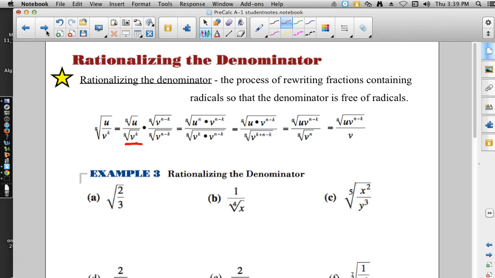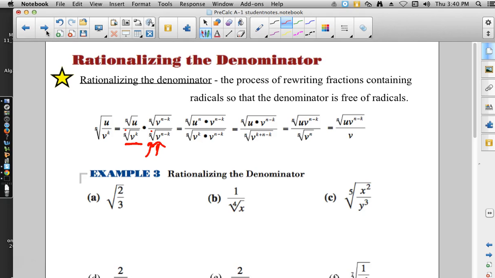So what do we do? We build it up by multiplying until we get that power to match the index. So we're going to multiply it by the nth root of v to whatever power it takes for us to get the index number that we want.